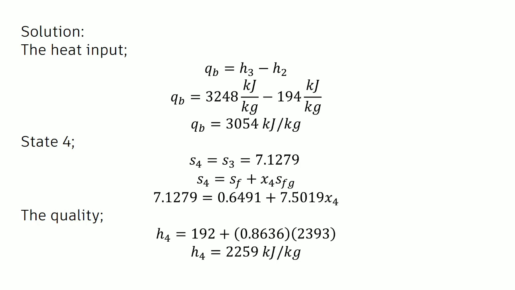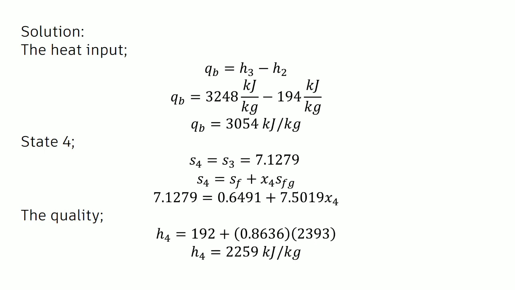For our state 4, the entropy for state 4 and state 3 is equal. It is given on our second slide that the entropy on our process 3 to 4 is equal to 7.1279.